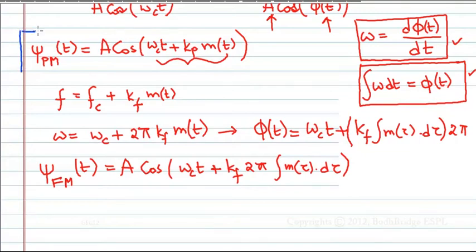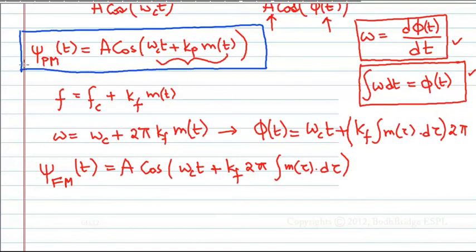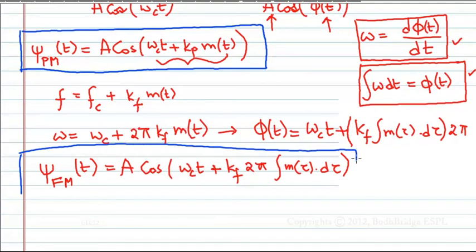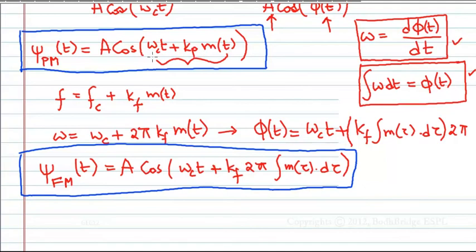Therefore, now we have understood what is the phase modulated signal and what is the frequency modulated signal. What has he given? Both have the same carrier frequency. That is what we have written, omega c, omega c.